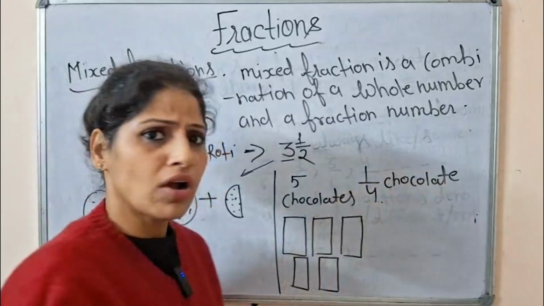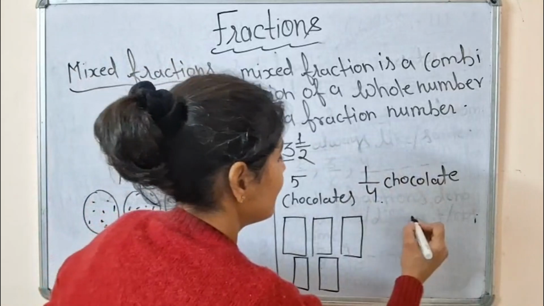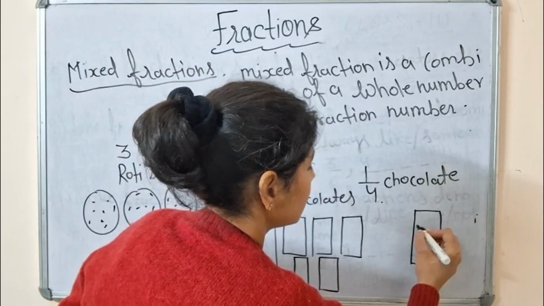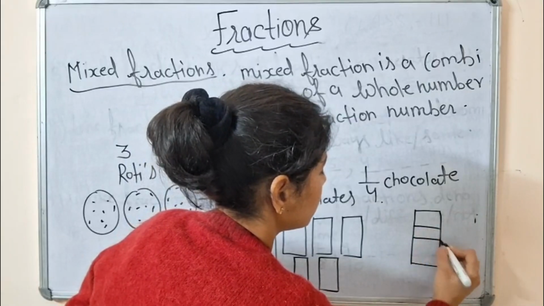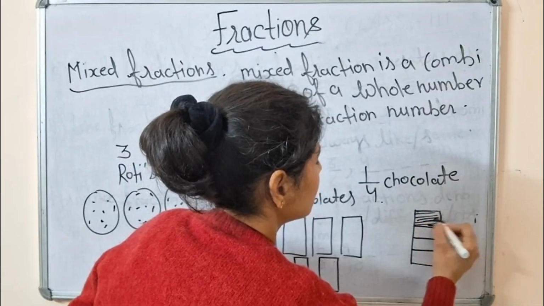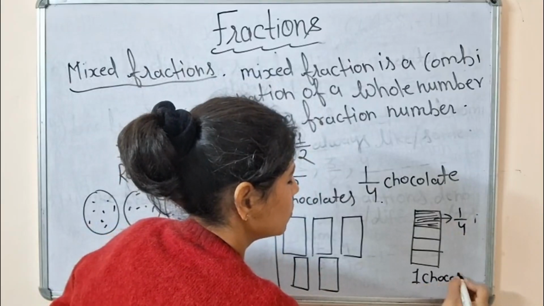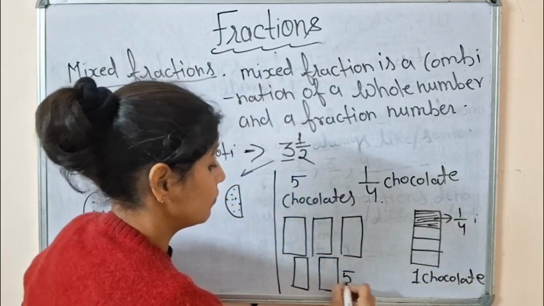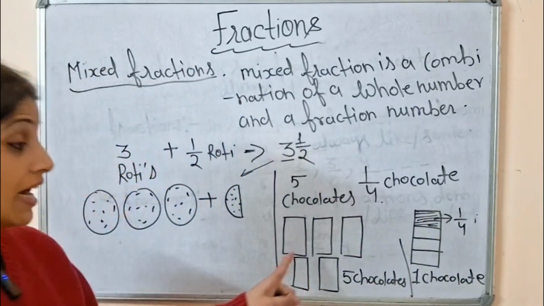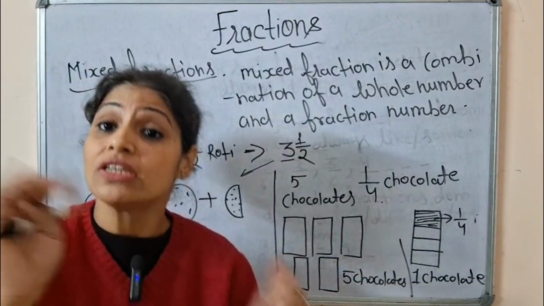And 1/4 chocolate, how will you represent it? This is 1/4 part of 1 chocolate, and these are 5 whole chocolates. इसमें कोई sharing नहीं है, कोई division नहीं है.